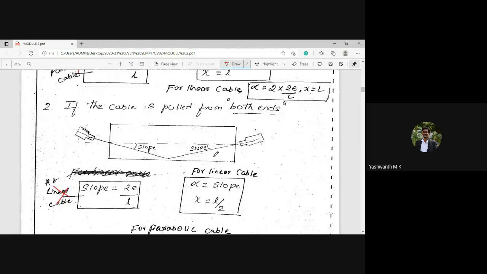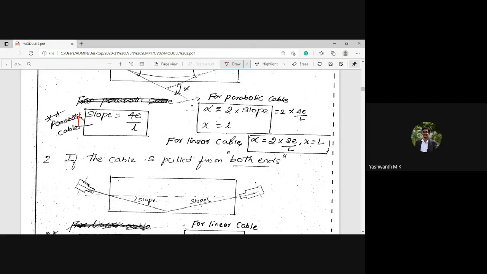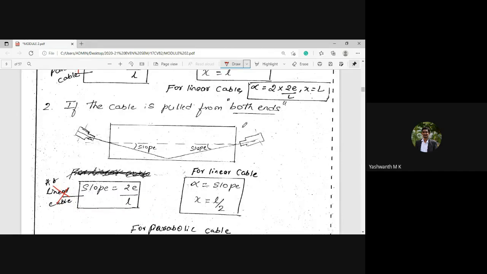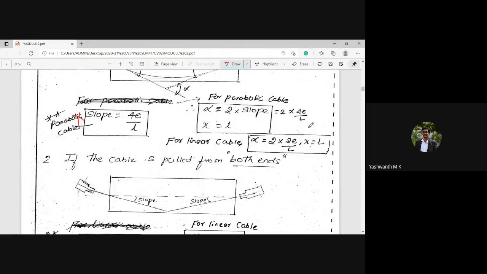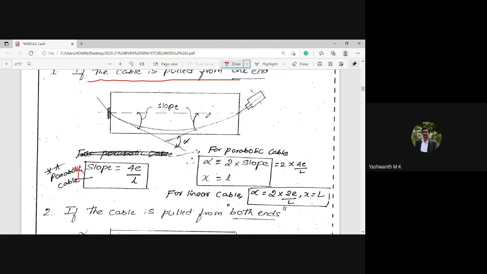This is the difference between a cable pulled from one end and from both ends. Another difference is based upon the shape: if it is parabolic, it is 4e by L, and if it is a linear cable, it is 2e by L. These are the two things that will differ. You are going to come across this condition while calculating the loss of prestress in prestressed concrete beams.